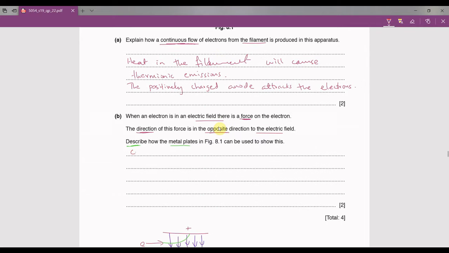So connect the terminals of the plates to a battery.